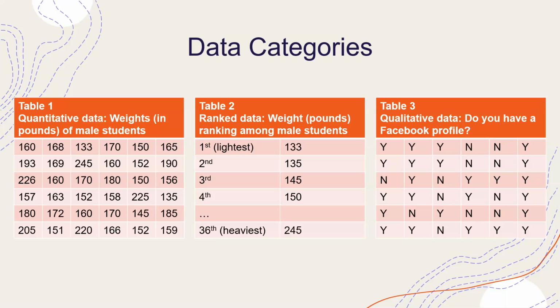Finally, the Y and N replies of students in Table 3 on whether they have a Facebook profile are qualitative data, since any single observation is a letter that represents a class of replies.